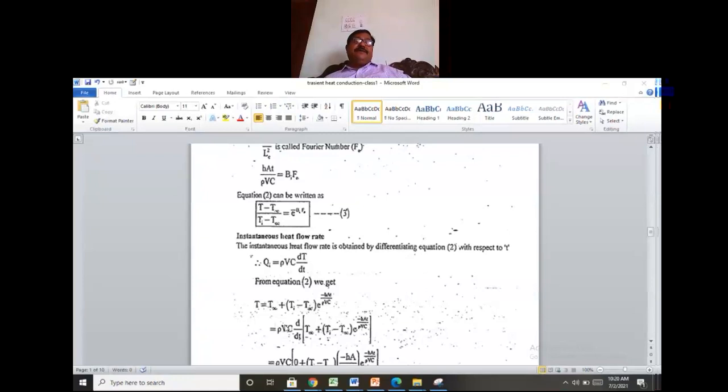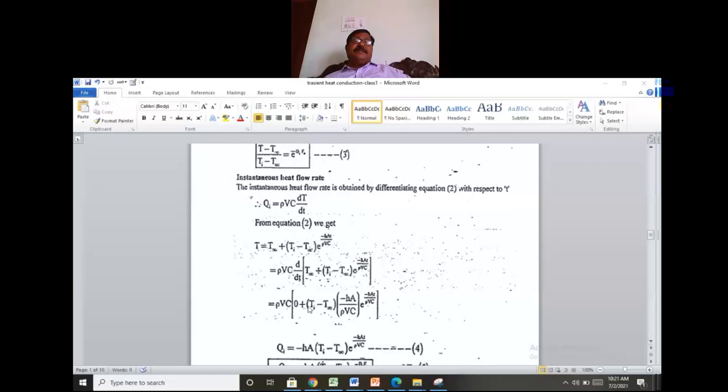Substitute this in the above equation and differentiate, you will get Q is equal to rho Vc d by dt of T infinity plus (Ti minus T infinity) e to the power of minus hAt divided by rho Vc.